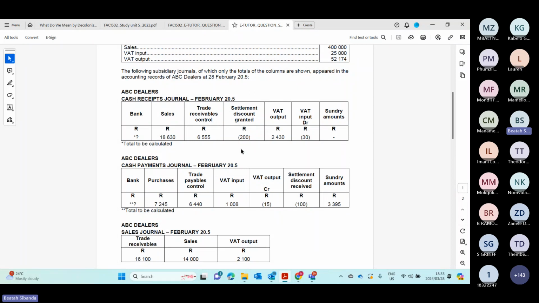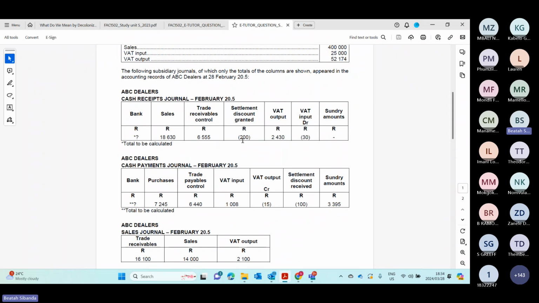If we sell something for 1,000 rands and we give a discount of 200 rands, it means the money that we are going to receive from the customer is 800 rands, not 1,000 rands. So if we had accounted for output tax on 1,000 rands, the output tax that we have accounted for is overstated.